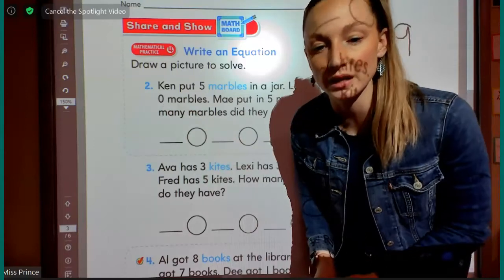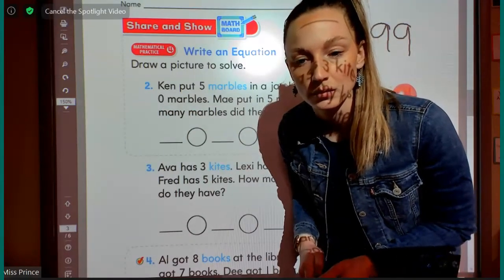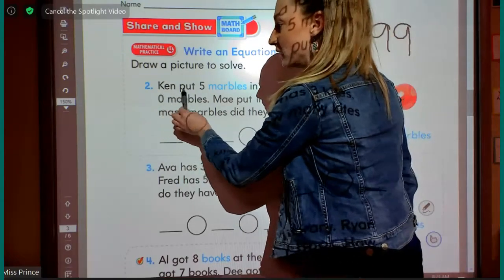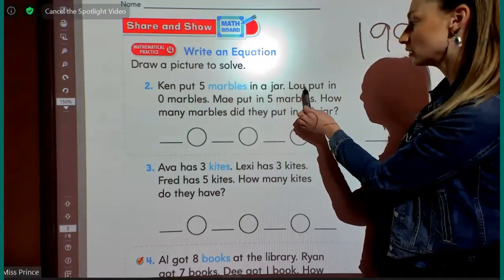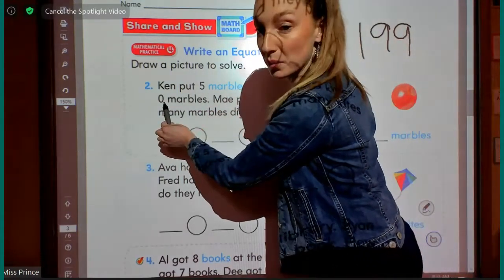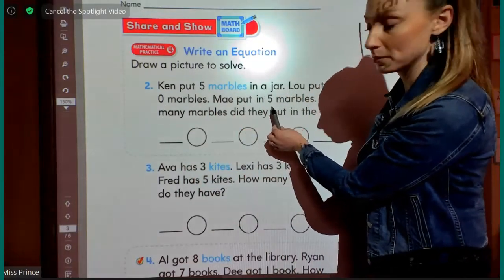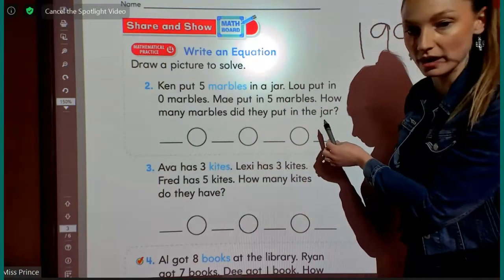Would you like me to read it, Kieran? Yeah. Okay. Ken put 5 marbles in a jar. Lou put in 0 marbles. May put in 5 marbles. How many marbles did they put in the jar?